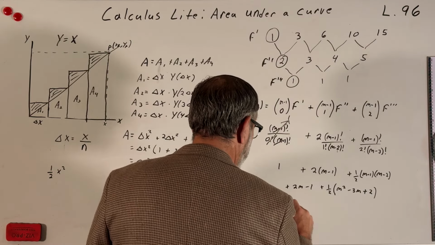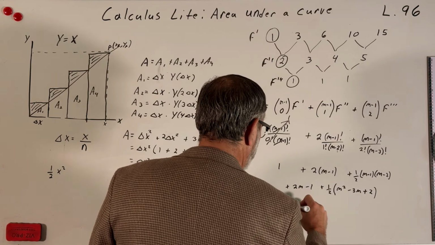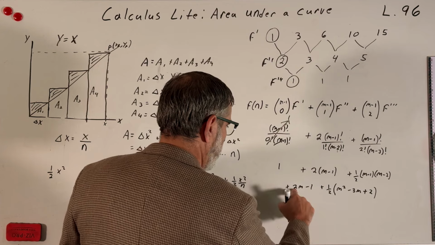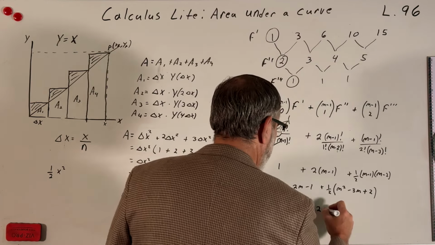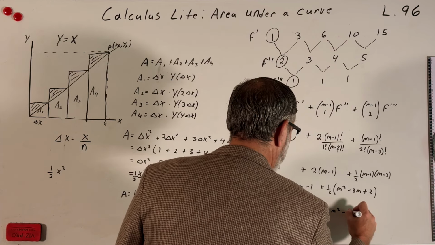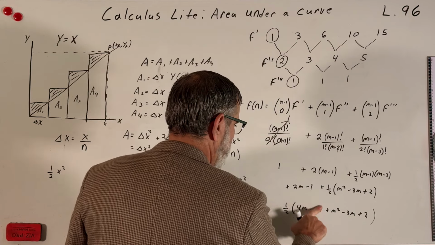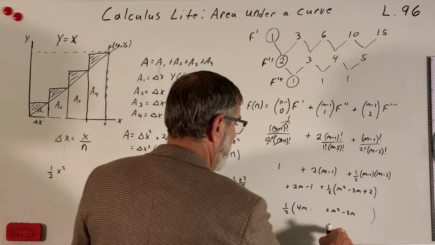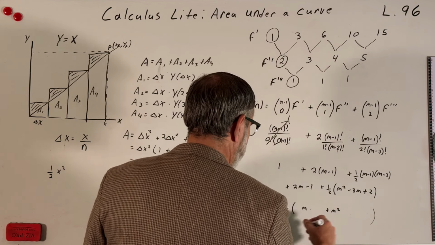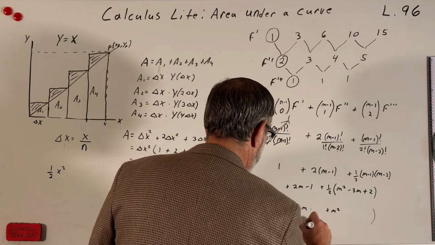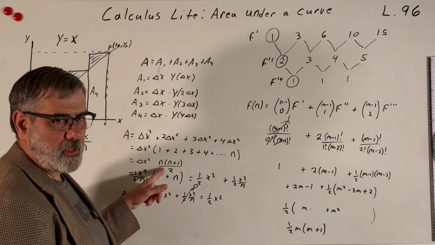Factoring a half out of all of it gives me 1/2 times, I need a 4m for the factor of half out, minus 2 plus m squared minus 3m plus 2. Well, the plus 2 and the minus 2 cancel, so that goes away. 4m minus 3m is just m. So I get m plus m squared, but this is the same thing as 1/2 m times m plus 1, which is what we had before, except I used n's, right?